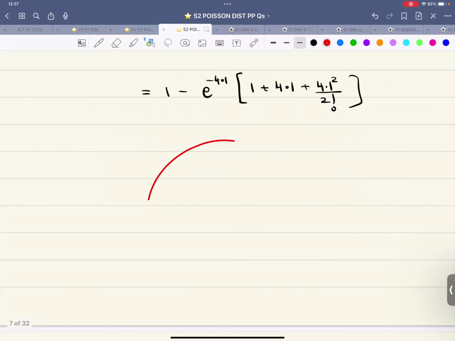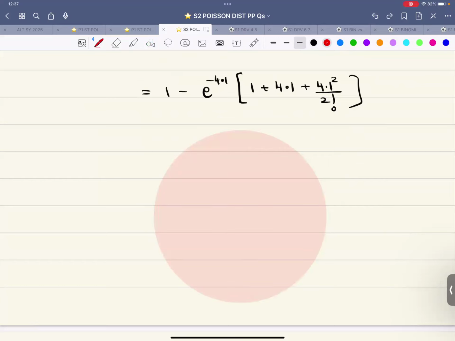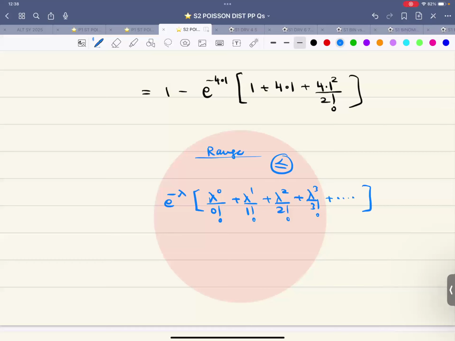Just a reminder, if some people have forgotten this thing. So what exactly am I writing over here? When we talk about a range of values for calculation for less than or equal to, this is what happens. E raised to power of minus lambda, lambda power 0 over 0 factorial, lambda power 1 over 1 factorial, lambda power 2 over 2 factorial, lambda power 3 over 3 factorial, and so on.